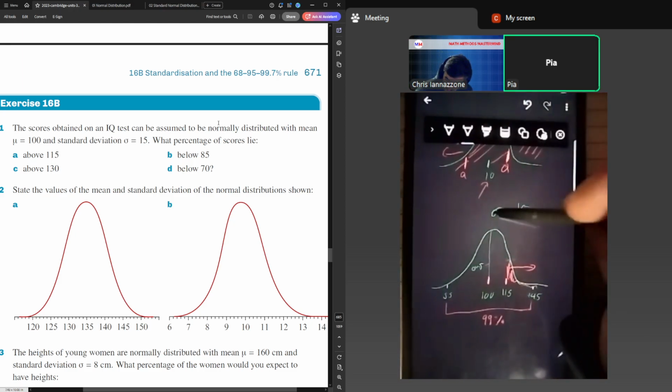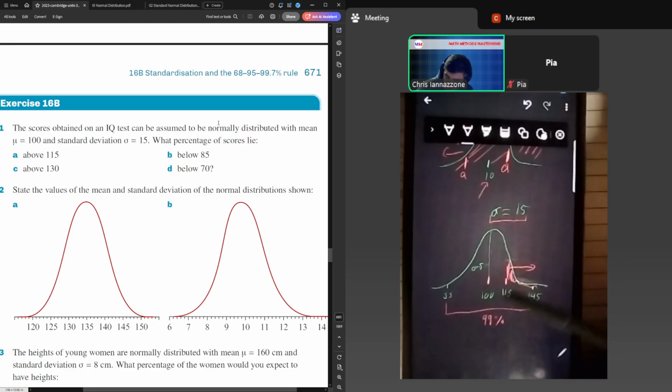I'm not too sure what that means. So basically, if I take it a step back, when you said to have a look at plus minus 3 standard deviations, I said, okay, one standard deviation is 15, so 3 of them must be 45. So if 100 is your center, then 145 is 3 to the right, and 55 is 3 to the left.